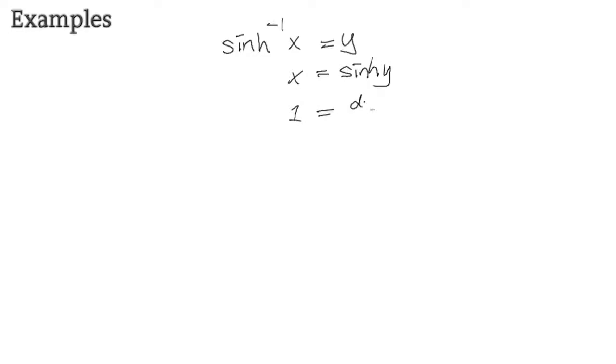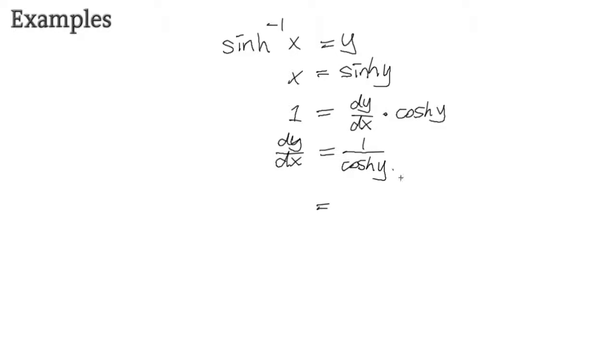By chain rule, we have dy by dx multiplied by cosh y, and so dy by dx is equal to 1 over cosh y.